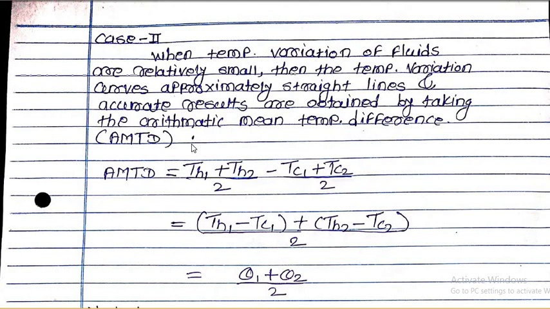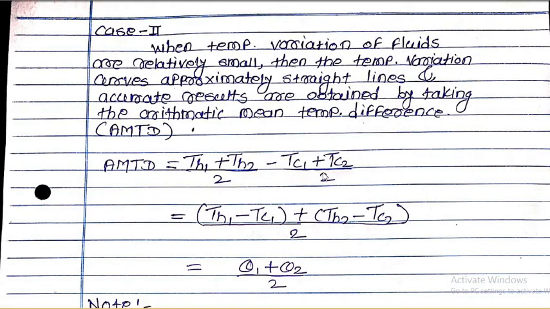So what does arithmetic mean temperature difference mean? It is the difference between the average temperature of the hot fluid and the average temperature of the cold fluid. The average temperature of the hot fluid is TH1 plus TH2 divided by 2, minus TC1 plus TC2 divided by 2, which is the average temperature of the cold fluid.